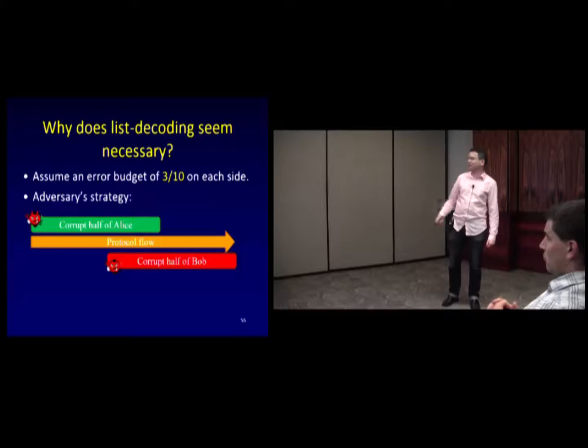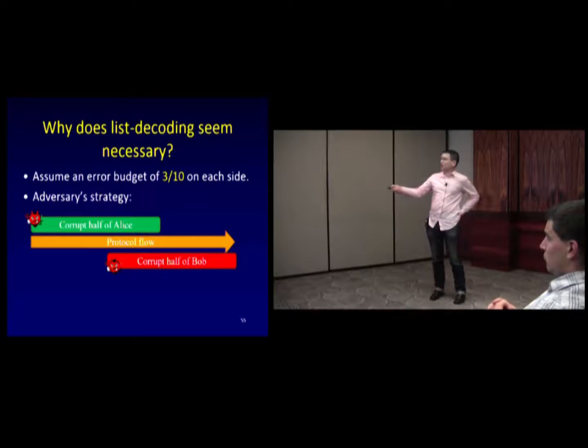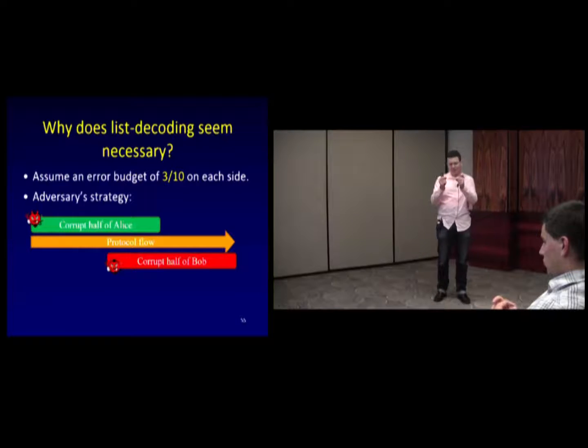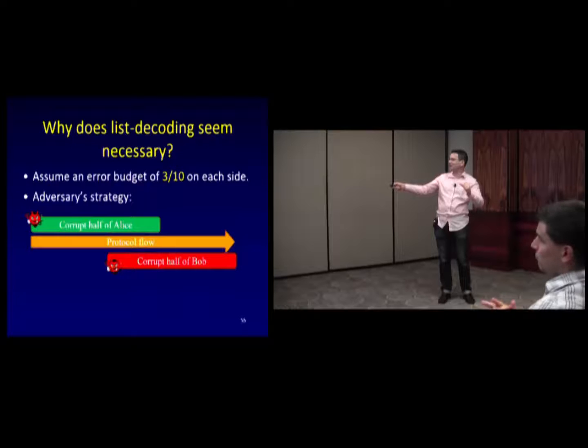And for the last 60%, you corrupt half of Bob. So basically the adversary can always keep Bob believing in the wrong Alice. The wrong Alice is slightly more likely, so he keeps talking to her, and then at some point it stops, so it becomes the real Alice.